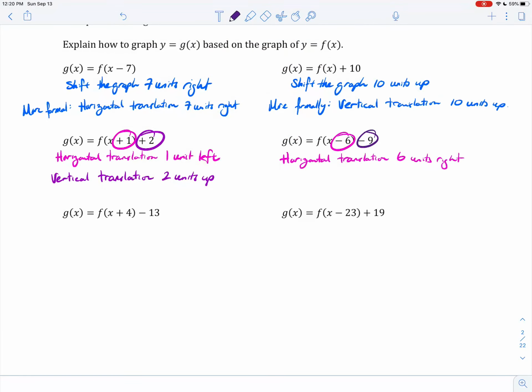And then this minus 9, chose that color. This minus 9 is a vertical translation. But it's minus 9, which means it's not up, it's down.